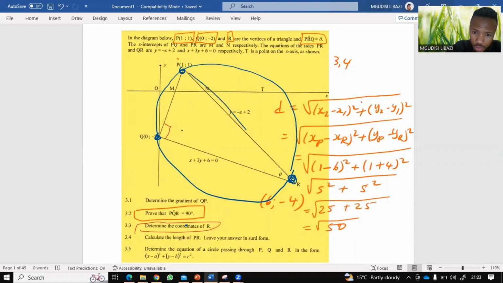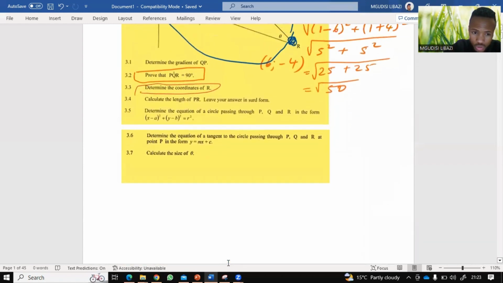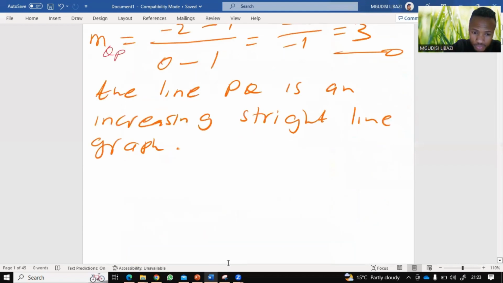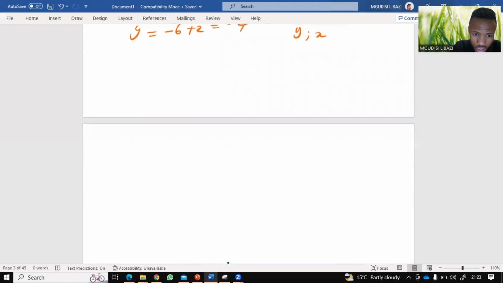That means we'll need to find that diameter, and then we divide it by 2 to find the radius. And to find that, we're going to need the distance formula. We know that the distance is equal to the square root of (x2 minus x1) squared plus (y2 minus y1) squared.